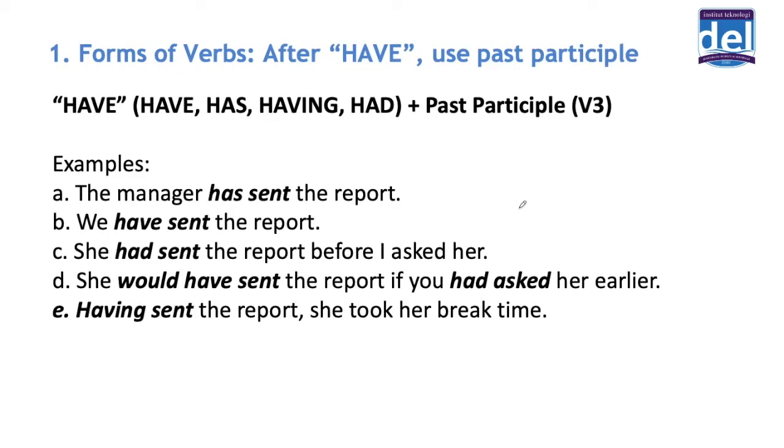The first point. After have, we use past participle or verb 3. Have here refers to have, has, having, or had. Remember present perfect, past perfect. If these words are followed by a verb, then the verb must be in verb 3 or past participle.